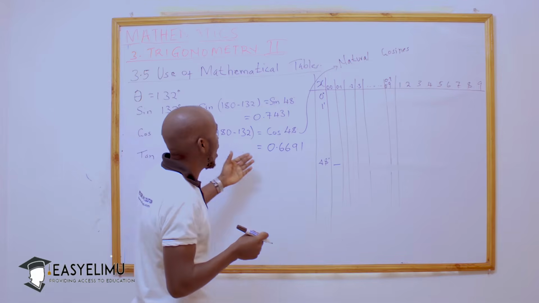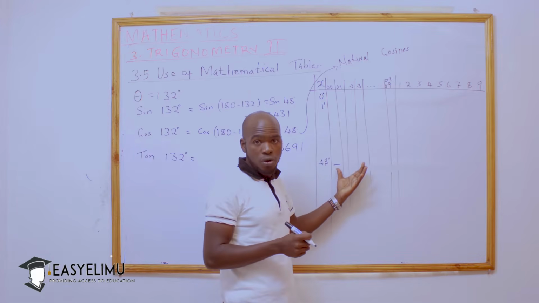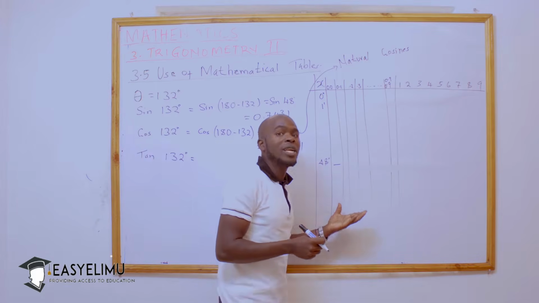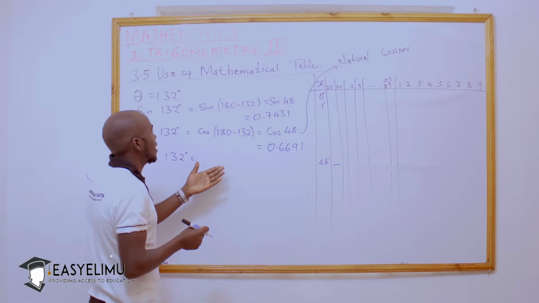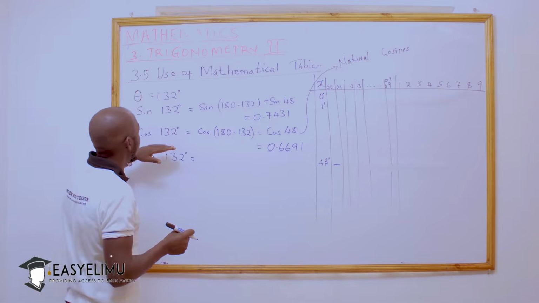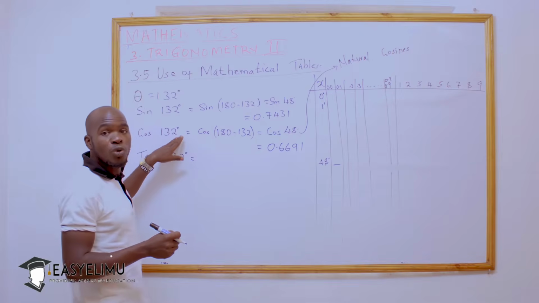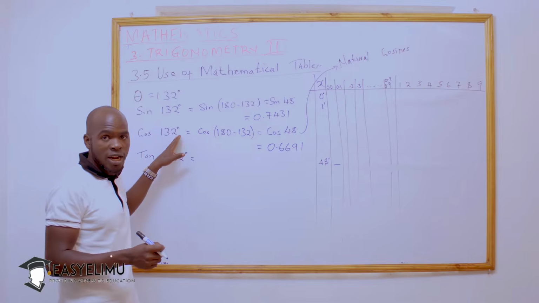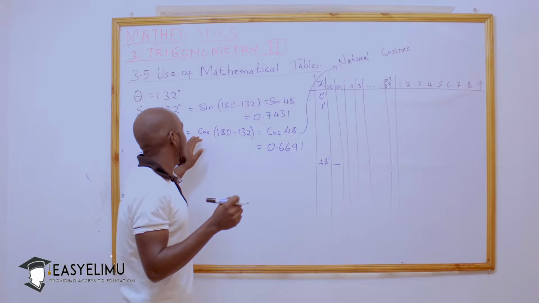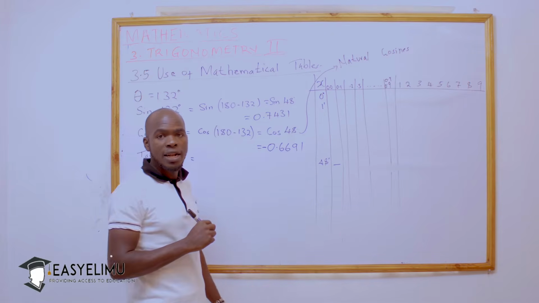So the angle which you find using the mathematical table is positive, but you remember that the acute angle resembles finding cos 132 degrees, which is found in the second quadrant. But cosine is negative in the second quadrant, so this answer here should be negative.